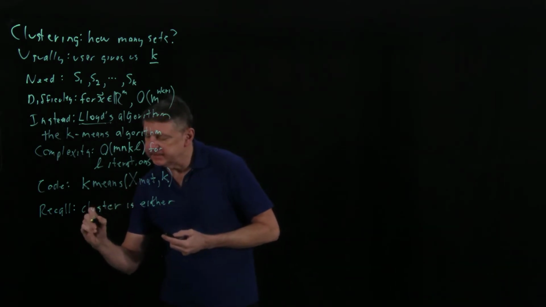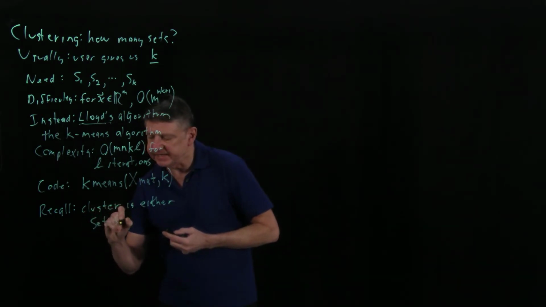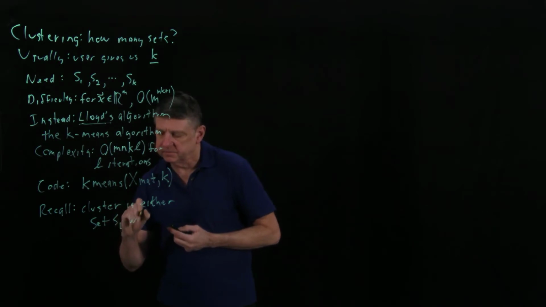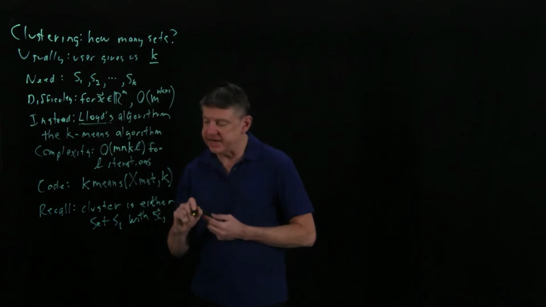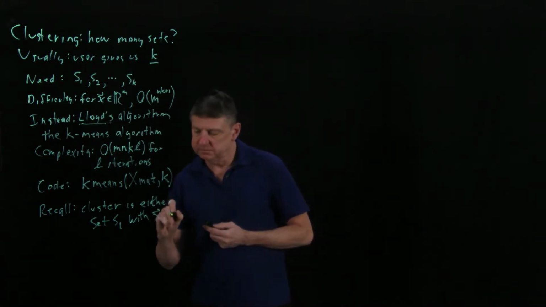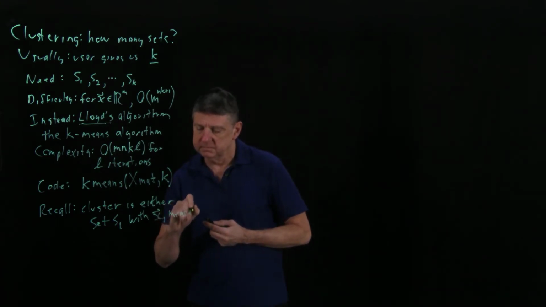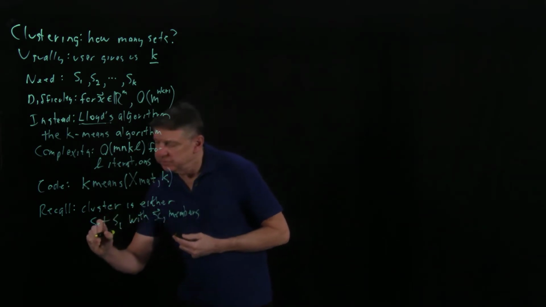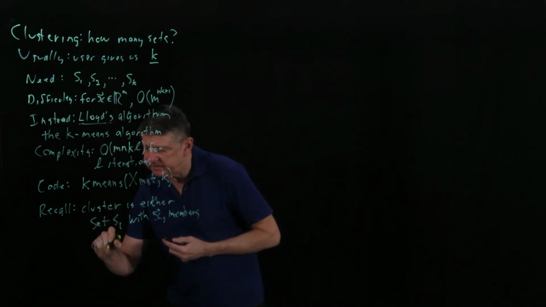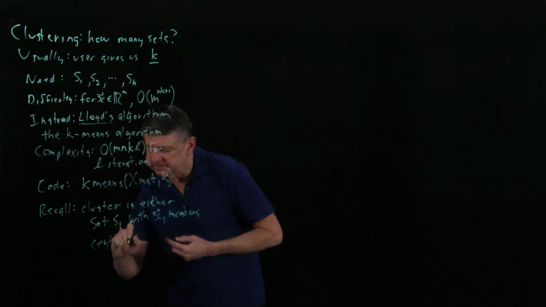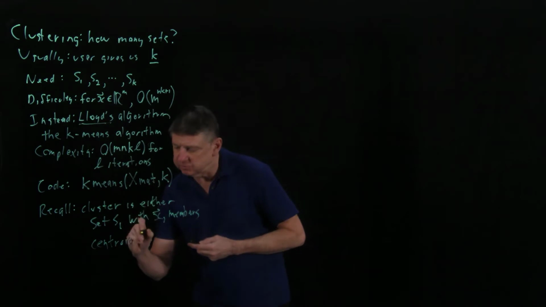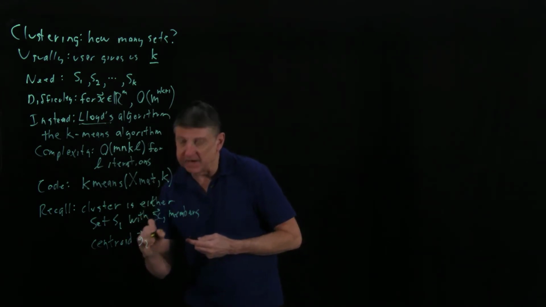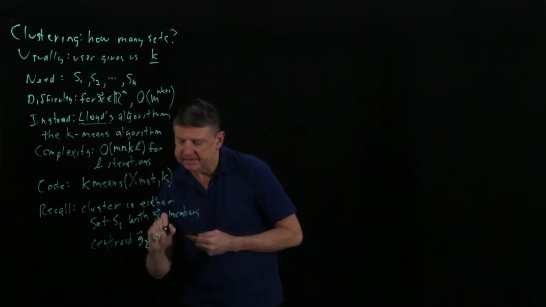It's a set Si with data vectors, let's call them xj, as members, or it could be a centroid, and the kind of centroid we'll explore most is the mean. We'll represent that as the vector gi, and it has neighbors.